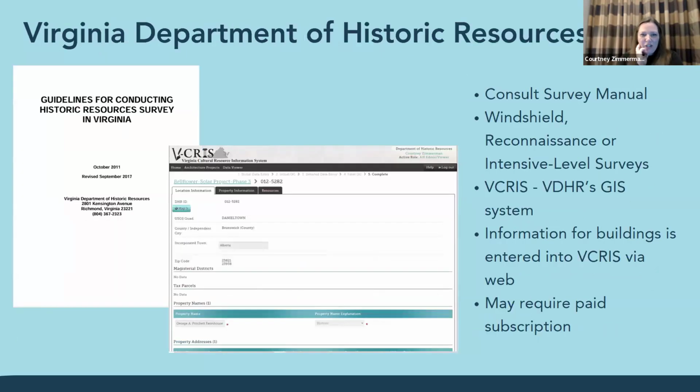And then again, Virginia also has an online survey manual. They have, again, these levels of survey. Windshield is just, you're kind of just getting the lay of the land and seeing if there's anything worth looking into further. Then reconnaissance and intensive. They have an online GIS and cultural resources information system called VCRIS.